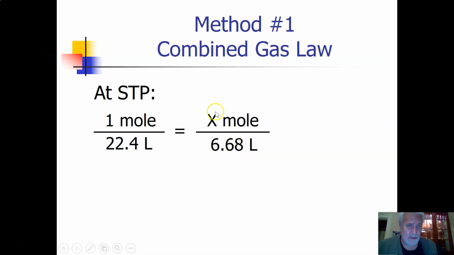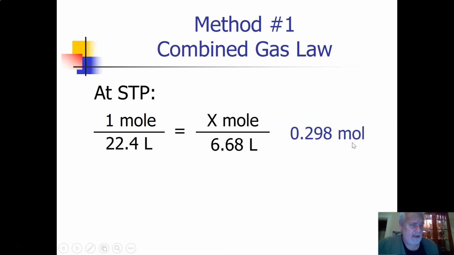You can see we have just a little fraction of a mole, just a little cute little head. So we're not going to have an entire mole. Cross multiply, solve for X, you get 0.298 moles, about a third of a mole.